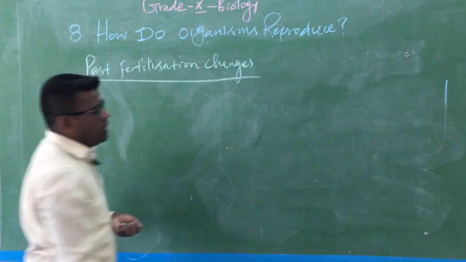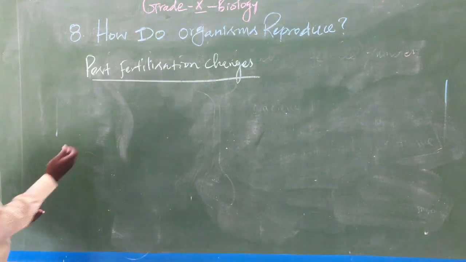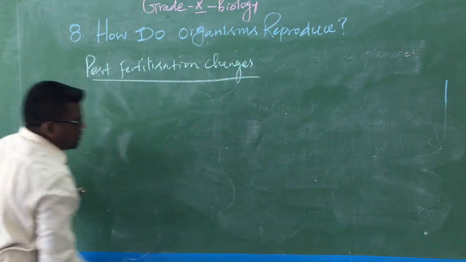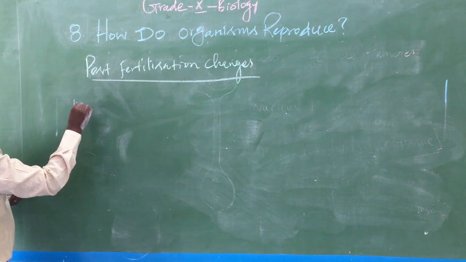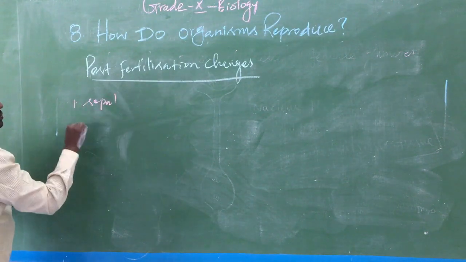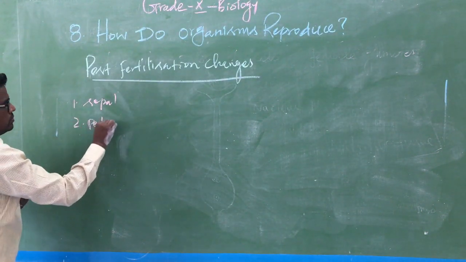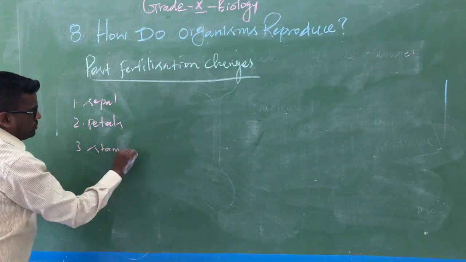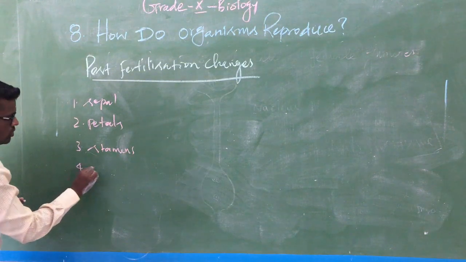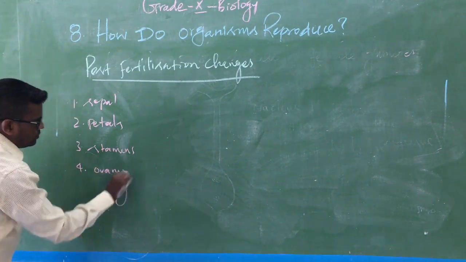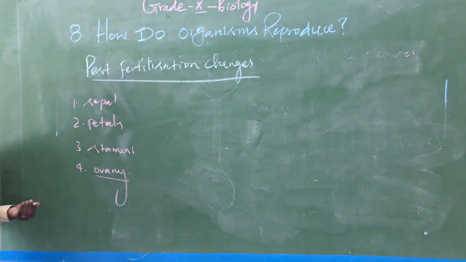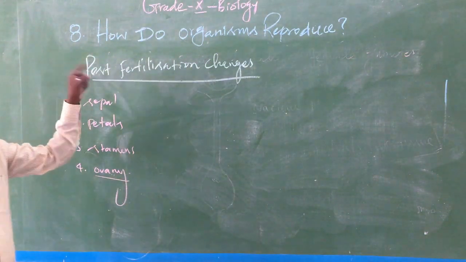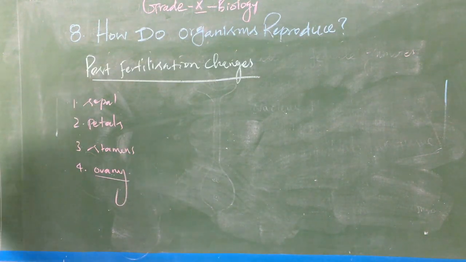So just remember the parts of the flower: sepal, petal, stamens, ovary. The ovary contains the ovule. Now, after fertilization, what changes occur in these parts?